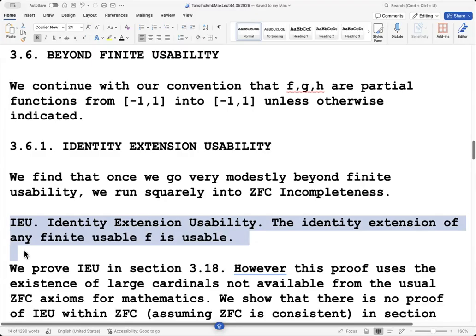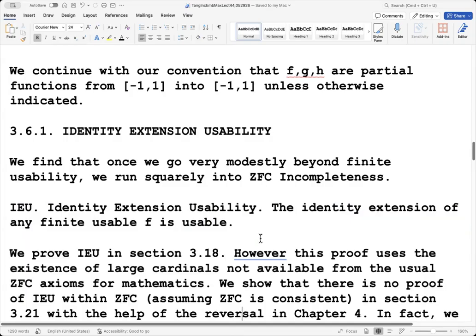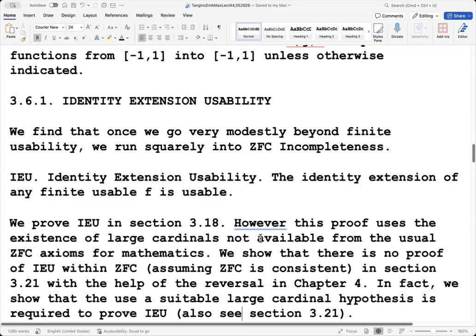And that is very nice once you accept usability and section 3.5, which is the complete determination of what the finite usable F are. Okay, so this is to me a very good situation. It doesn't even talk about strictly increasing. It's sort of implicit. Don't need to. This is just a statement. The identity extension of any finite usable F is usable.